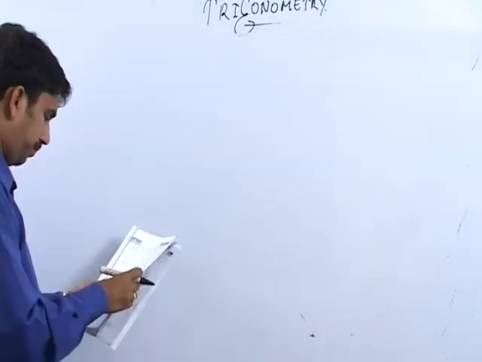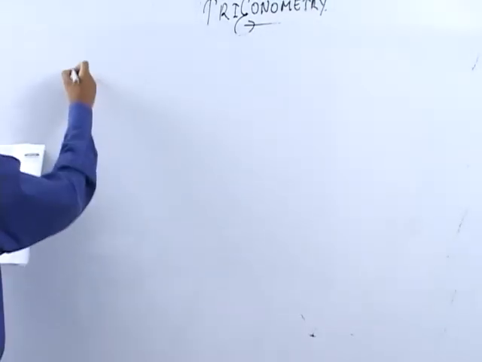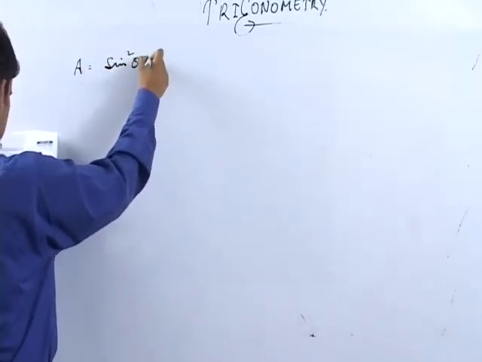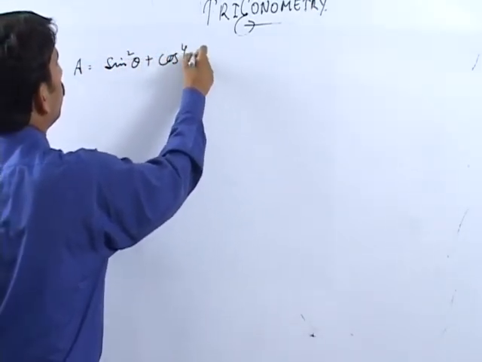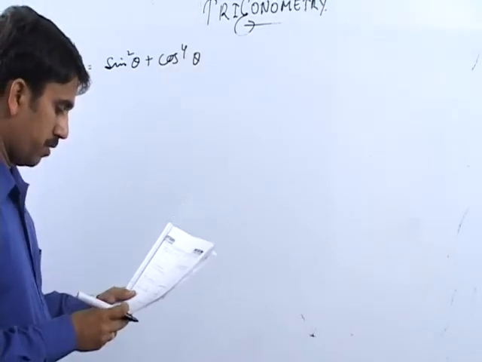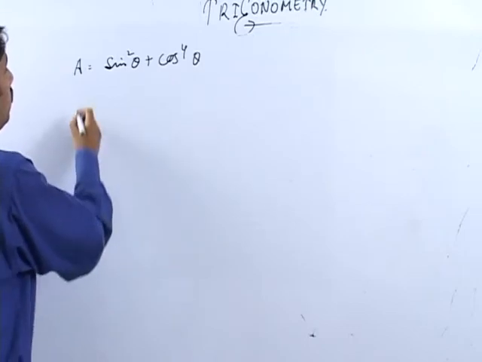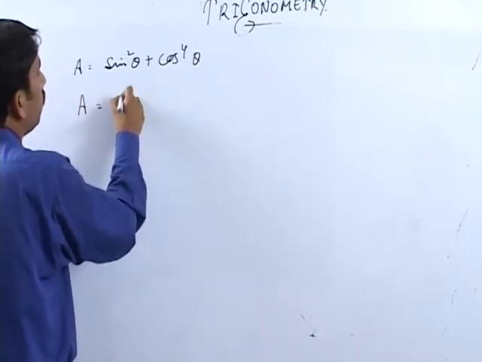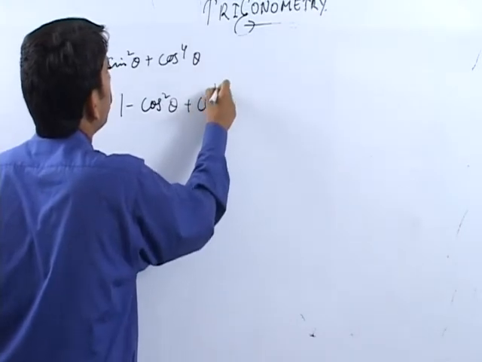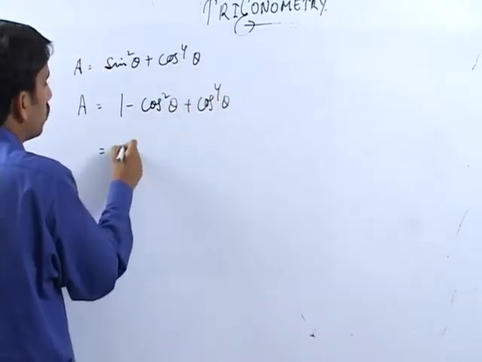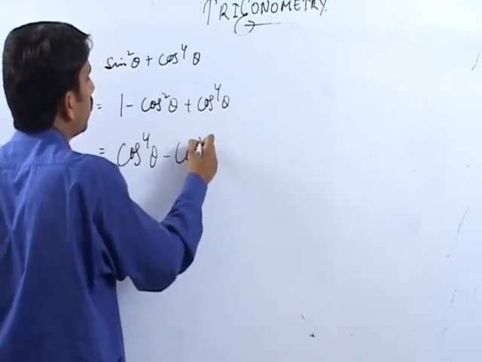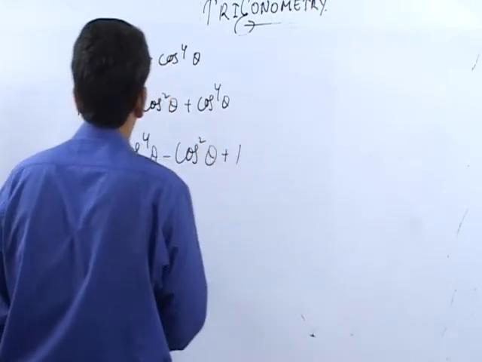Now you have a is equal to sin square theta plus cos 4 theta, and you have to find out the limit for a. So this will be 1 minus cos square theta plus cos 4 theta, and this is equal to cos 4 theta minus cos square theta plus 1.